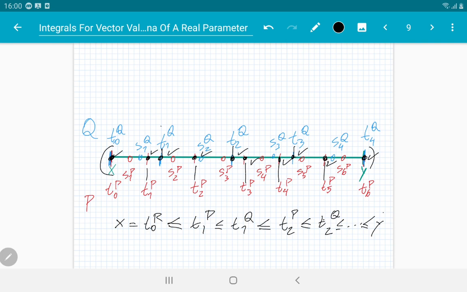Of course, I need markings for R as well. But that's simple. I just take anything that I like, and each one of these intervals will be a right mark.